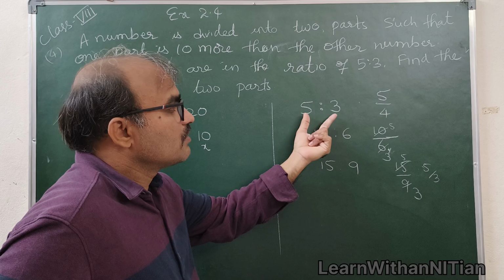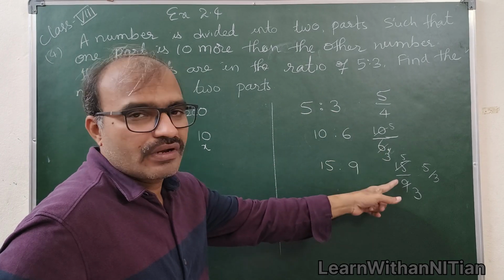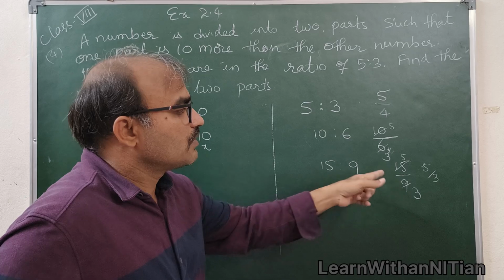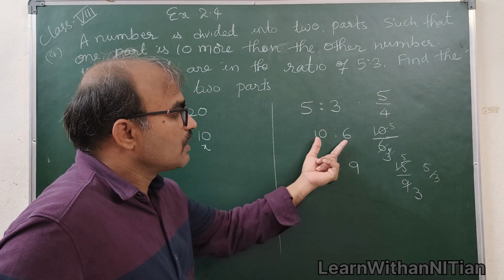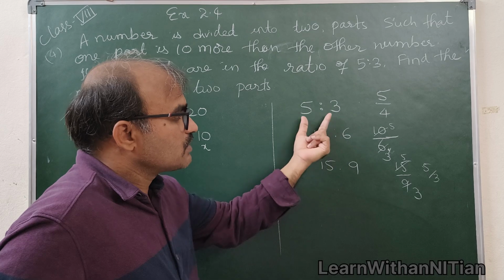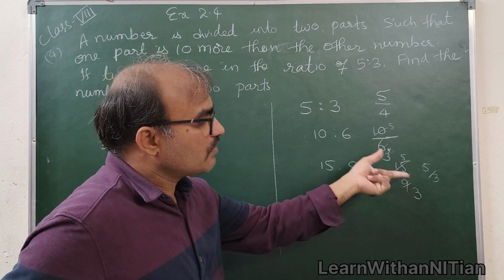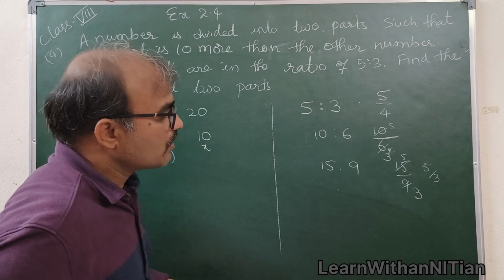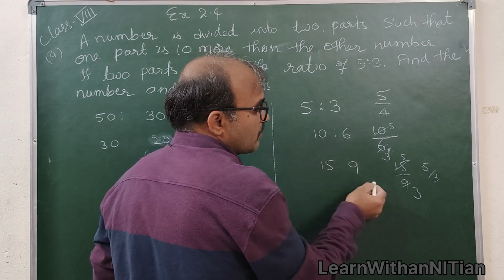But when a ratio is given, we don't know the common factor by which they have been divided, right? So we can continue like that for many numbers. Such numbers will be infinite, right? So we don't know the common factor which is removed here. So that is why we have to consider the common factor as x.